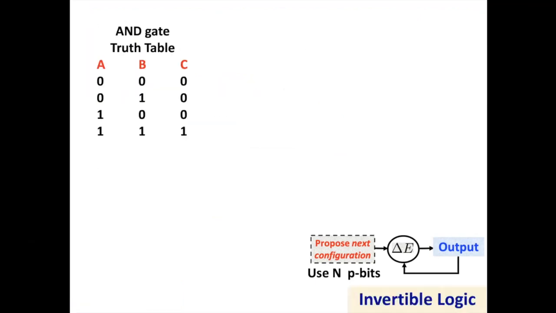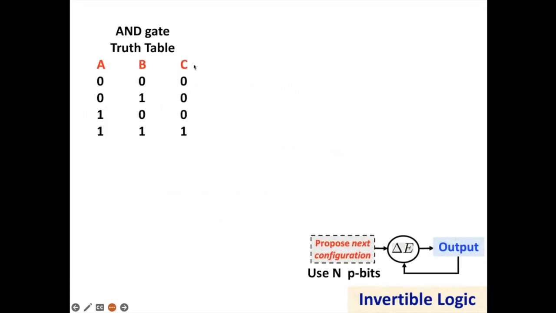Now, the first example of a real-world problem that can be mapped onto this framework is just constructing logic gates. So think of, say, an AND gate, which is one of the common gates that you hear about, which is like a 1-bit multiplier, essentially.